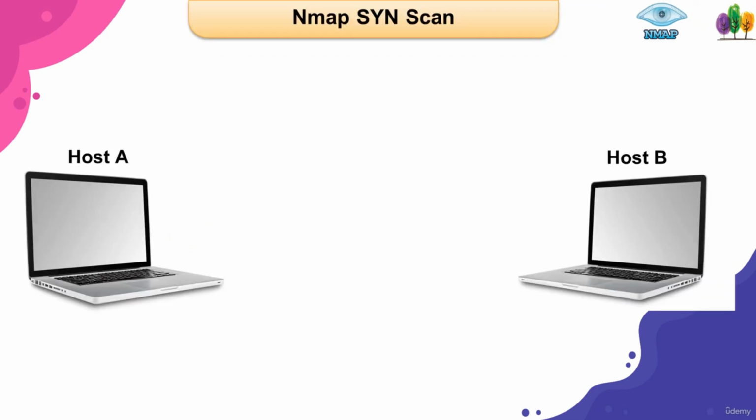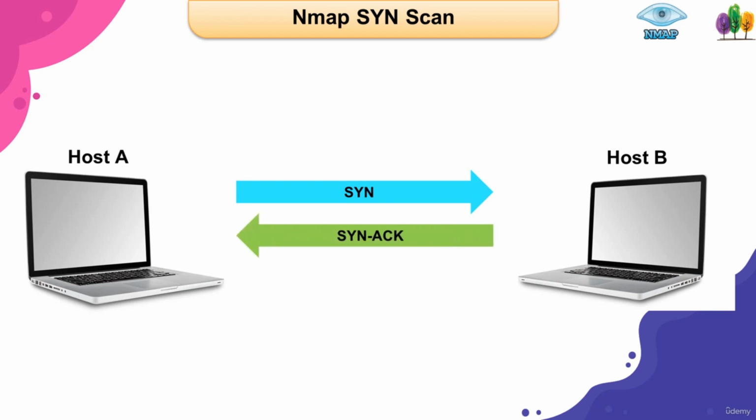I'll show you how the scan works. So step 1, Nmap will send a SYN packet to the scanned port of the target computer. Step 2, the computer receiving this will send a SYN ACK. Step 3, after receiving this answer, Nmap does not send the ACK packet from the computer that we're scanning to complete the connection.